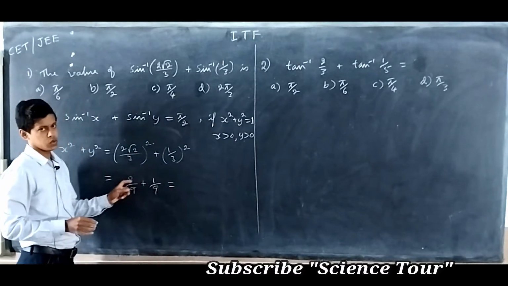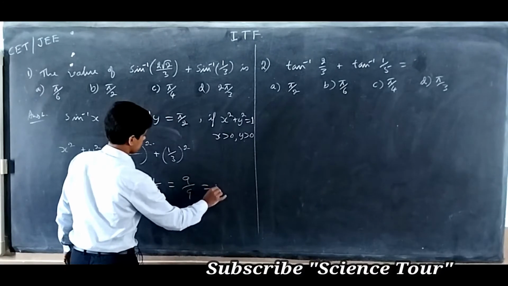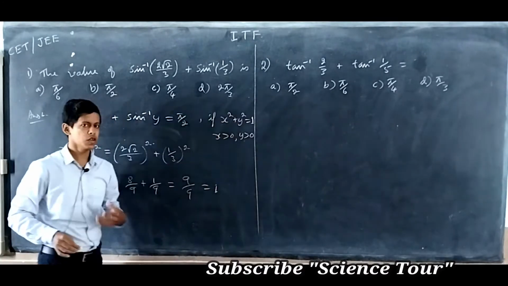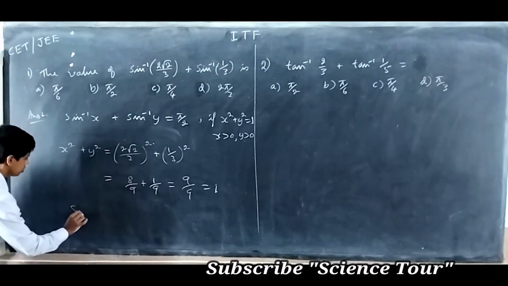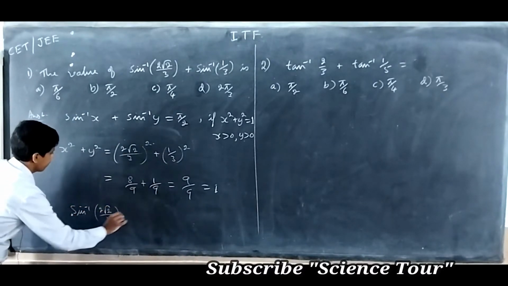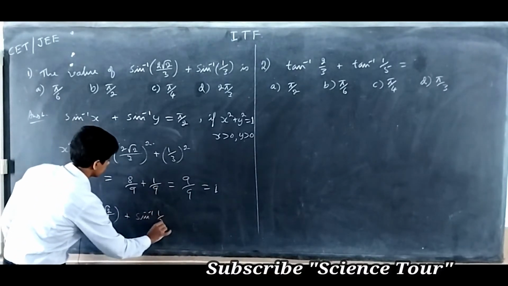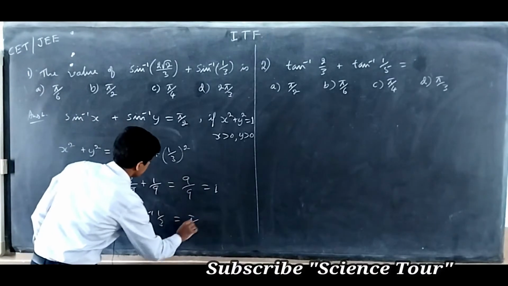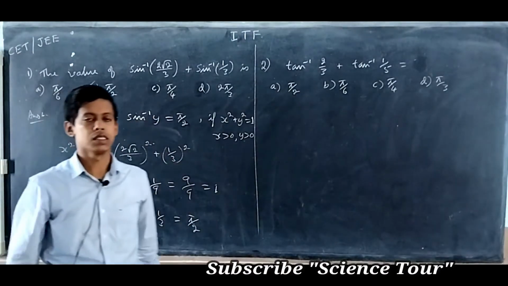So 8 plus 1, 9 by 9, which is 1. So x square plus y square we got 1. So therefore what is the answer of that equation? Sine inverse of 2 root 2 by 3 plus sine inverse of 1 by 3 is 90 degree. So option B is the answer here.